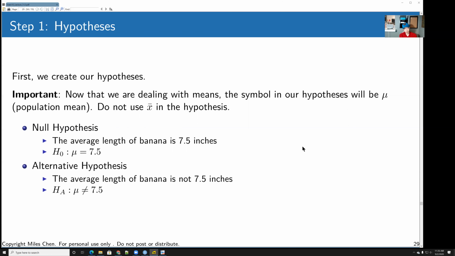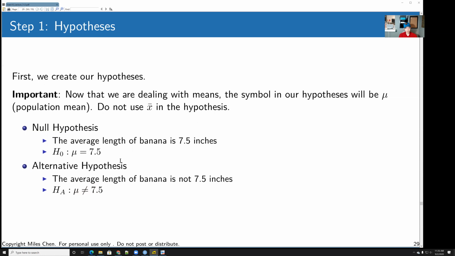And similarly, when we're making hypotheses for a numeric variable, it's about the population mean mu, and it's never about the sample mean x bar. So we always write mu is equal to something versus mu not equal, or mu greater than, or mu less than.